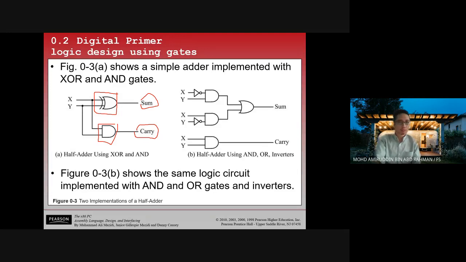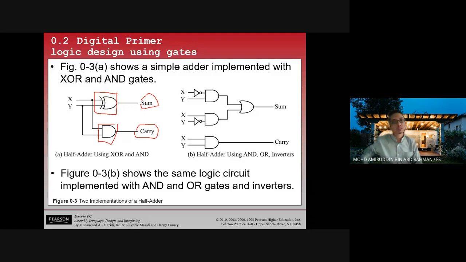And this is also a half adder. Why are we using this one? Because this is actually a much cheaper version of the half adder, since we don't need to use the XOR gate.